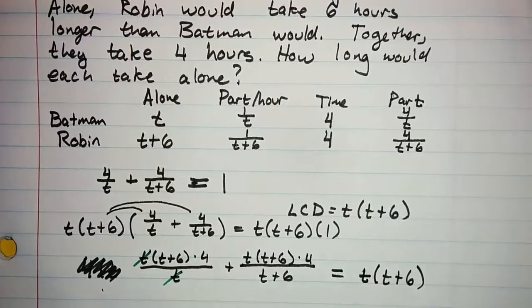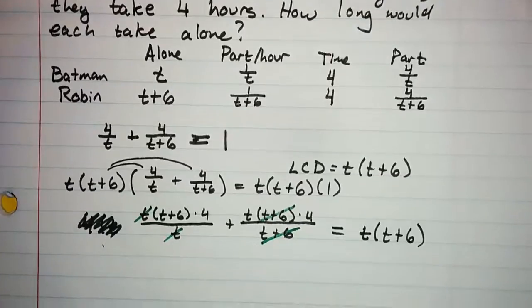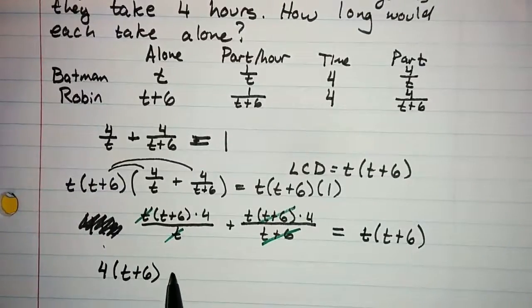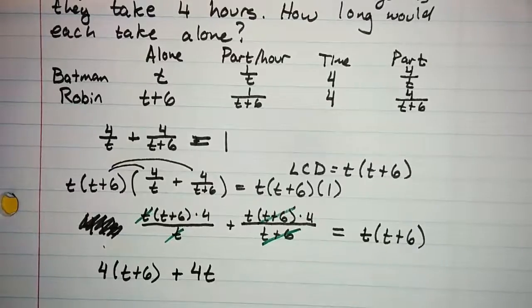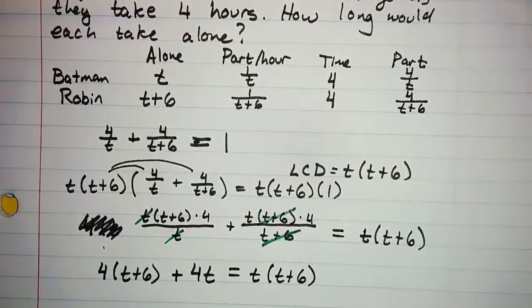Here my T's cancel. Here my T+6's cancel. I'm left with 4 times (T+6) plus 4 times T equals T times (T+6).